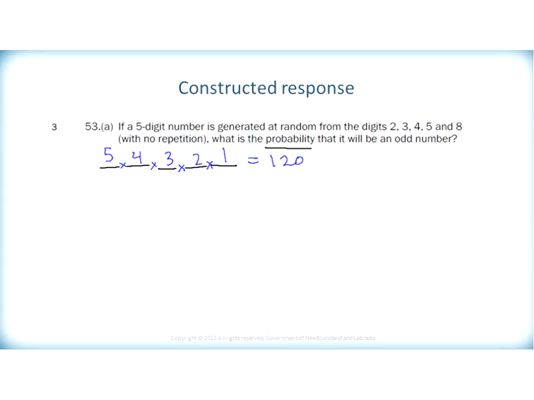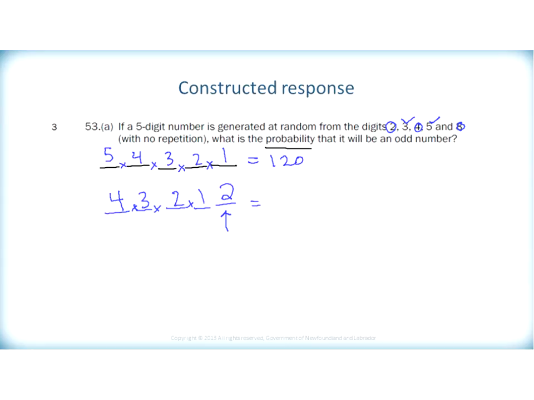That's our total. Now what we want is an odd number. In order for a number to be odd, it must end in an odd number. And so we have an even and an even and an even. So there's only 2 options for that final number to make it odd. Once we use either the 3 or the 5 there, let's say we use the 3 there, then we have 4 numbers left over. 4, 3, 2, 1 to fill the other positions.